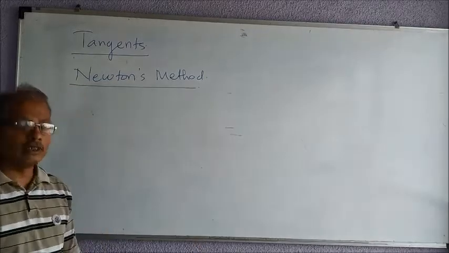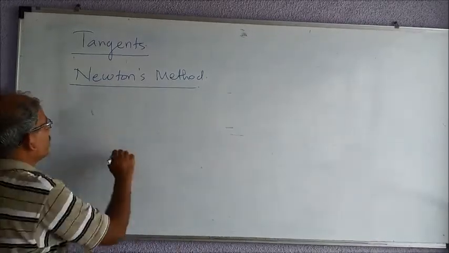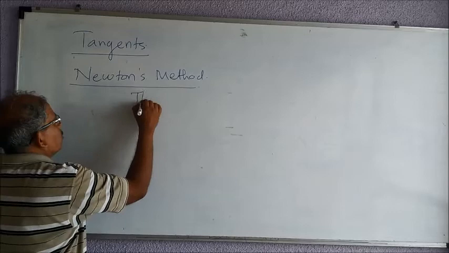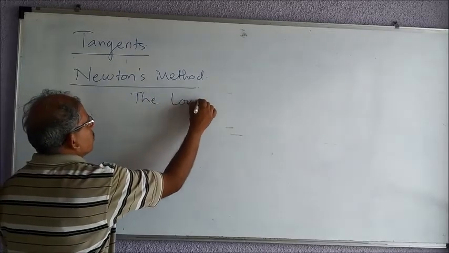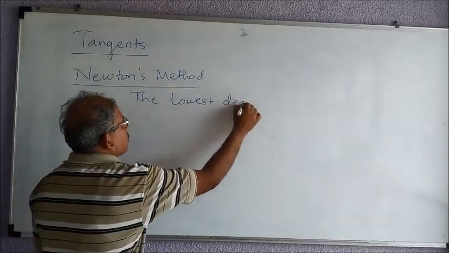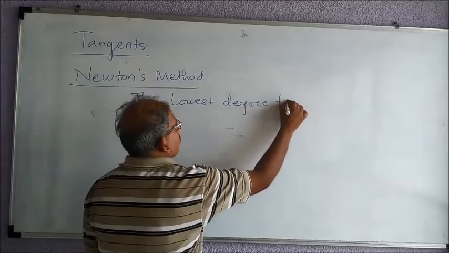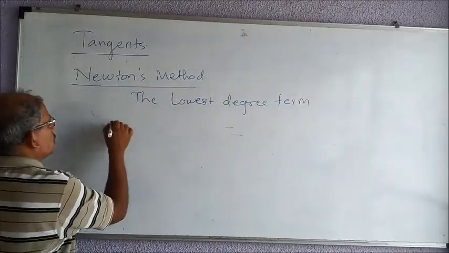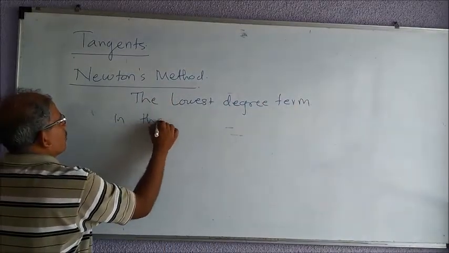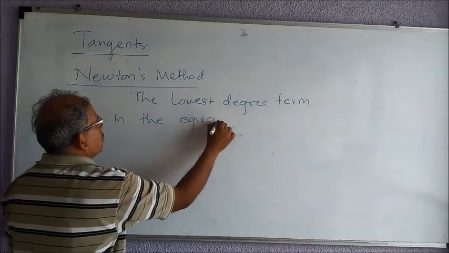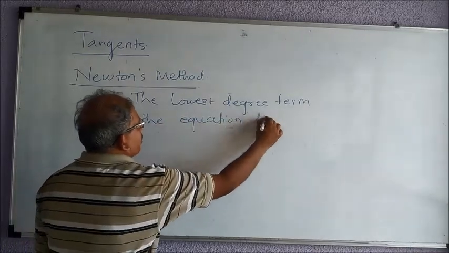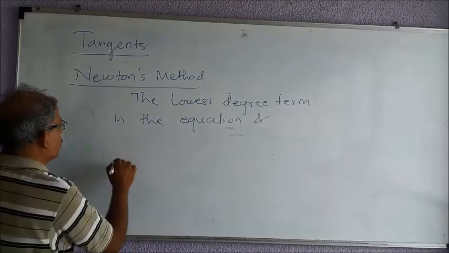Newton's method says that you take the lowest degree term in the equation and equate it to 0.